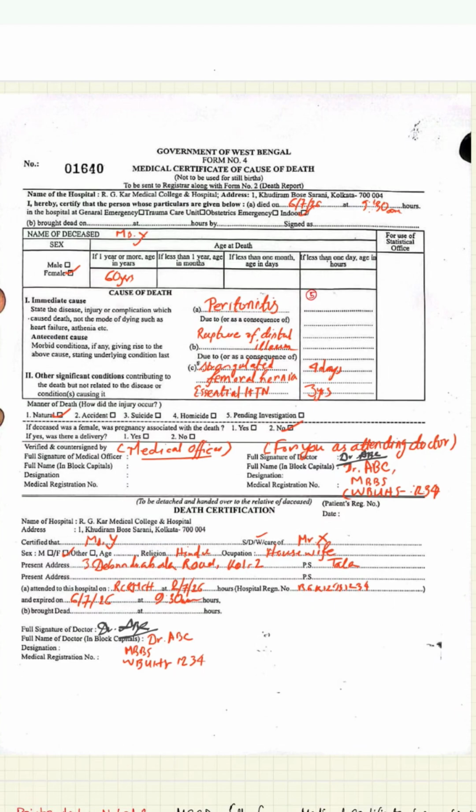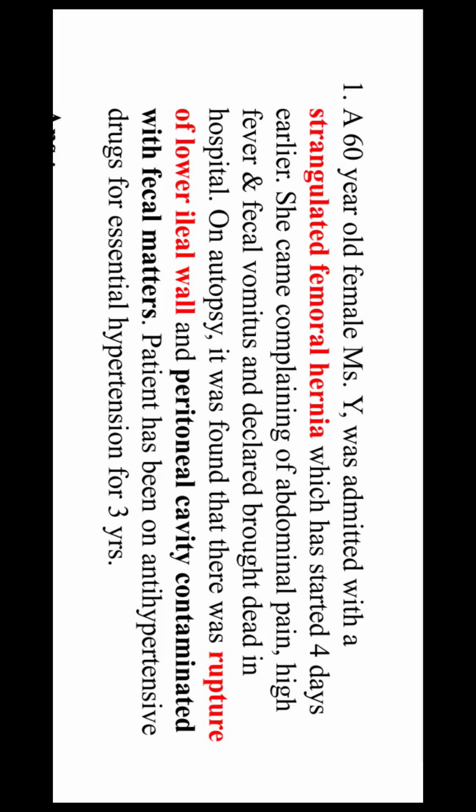A problem will be given and you have to fill that form. So a 60 years old female, Mrs. Y, was admitted with a strangulated femoral hernia which had started 4 days earlier. She came complaining of abdominal pain, high fever and fecal vomitus, and was declared brought dead in hospital.